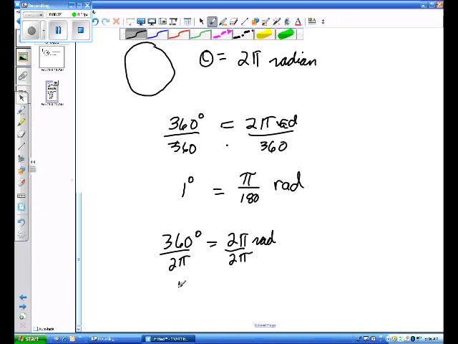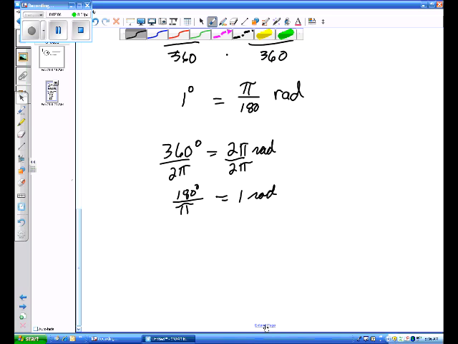Then we're going to get 180 degrees over pi is equal to 1 radian. So now we have a way of converting or changing from degrees to radians and radians to degrees. We have a factor that we can multiply it by so that we can change.